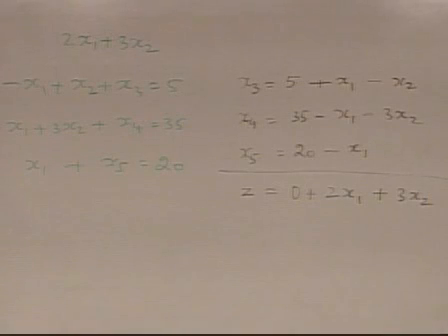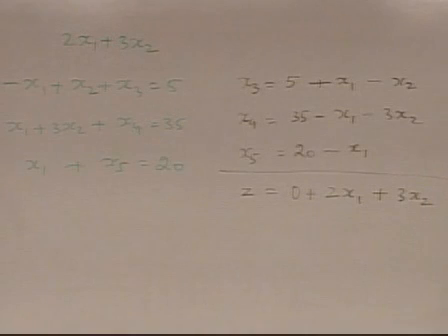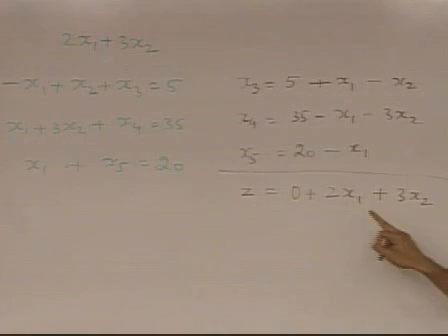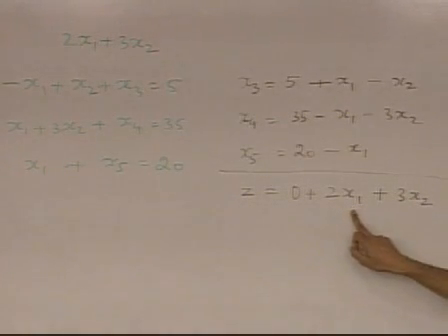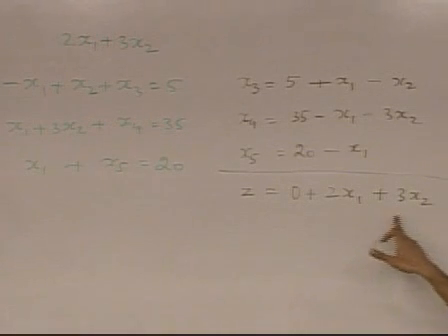Of course, if I set x1 to be 20 and x2 to be 5, then I would get values for x3, x4, x5, and a value for z that is an optimal solution. But let's pretend that we don't know, and that we are here, and we want to think about increasing x1 or x2. So suddenly it seems like having x1 positive or x2 positive is a good thing, because it's going to increase your value of z.